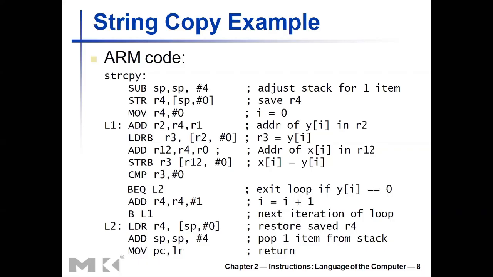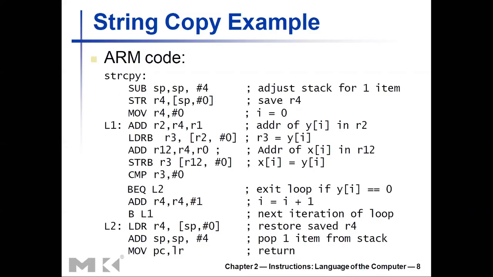R4 actually is used for the i index. So we have SUB SP, SP, #4, that is to adjust the stack for one item, and we then store the content in R4 to the stack, at SP #0, and then we load R4 with 0.